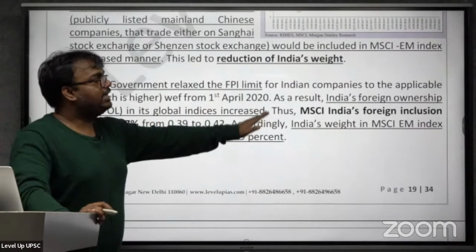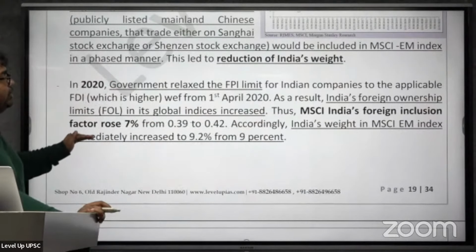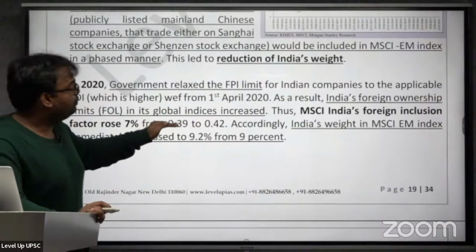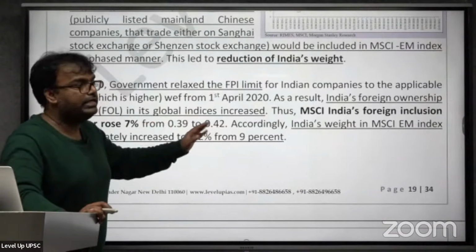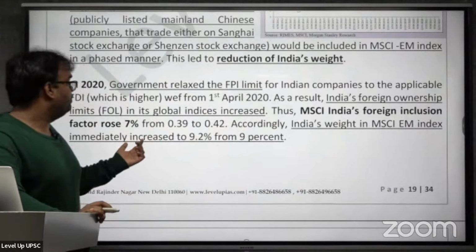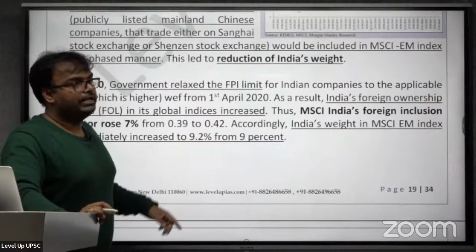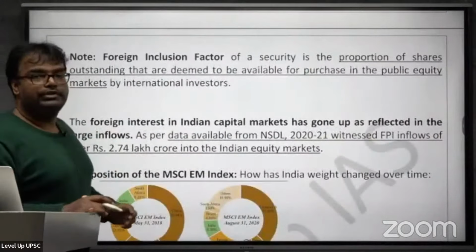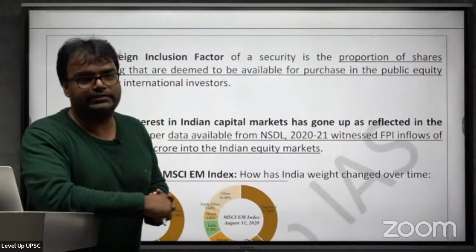Thus, MSCI India's foreign inclusion factor rose by 7%, from 0.39 to 0.42, and accordingly, India's weight in the MSCI index increased to 9.2% from 9%. So the recent increase in India's weight in MSCI has been because of this FPI limit increase.